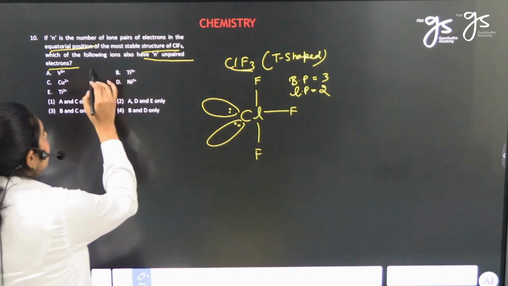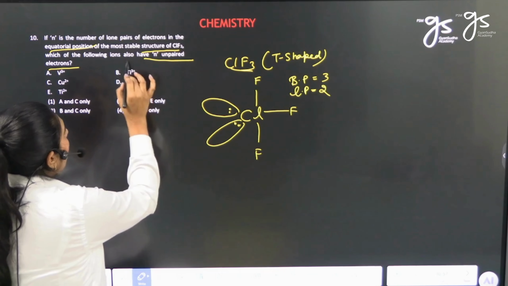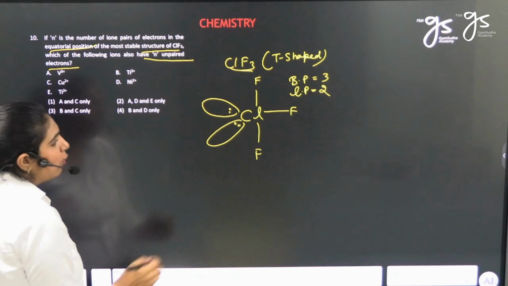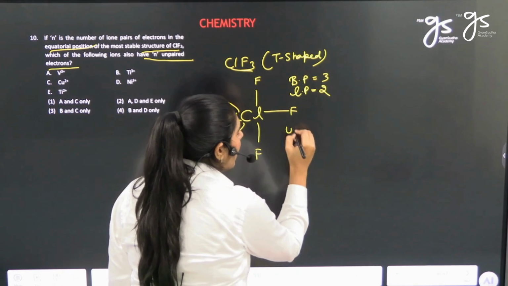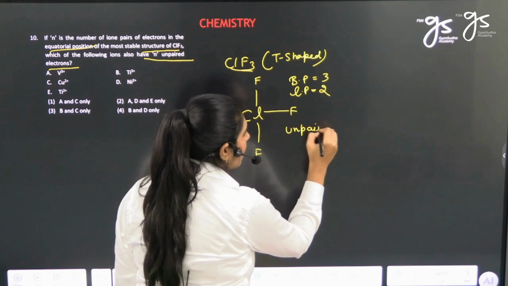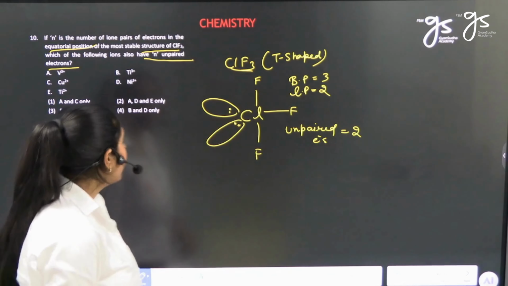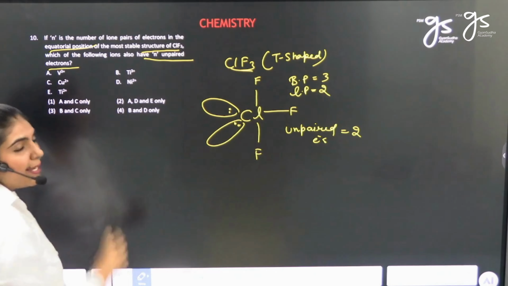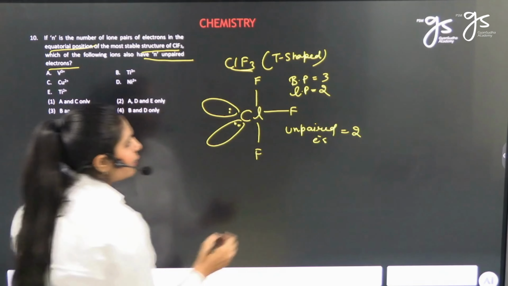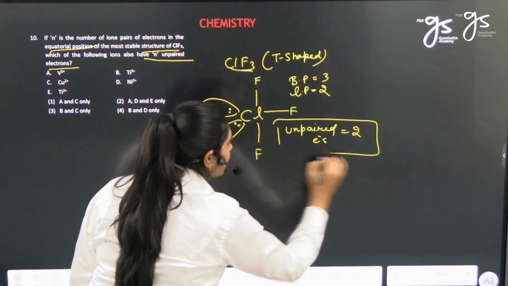And the question is saying the lone pair also have the N unpaired electrons. So that means our unpaired electrons are also 2, right? So in the above ions, which are the ions which have the unpaired electrons 2?